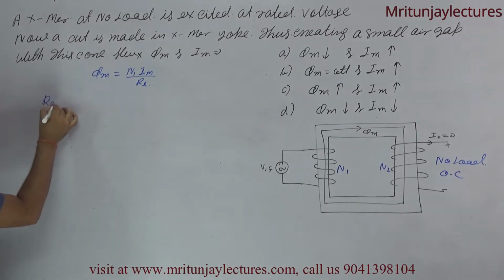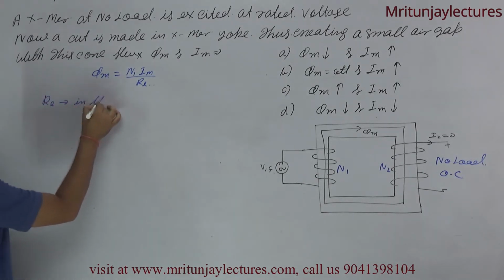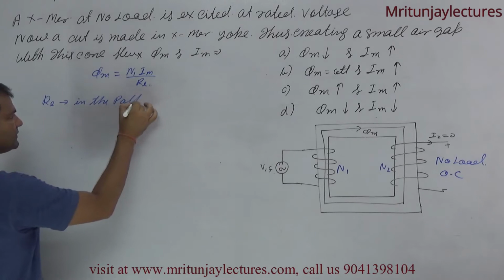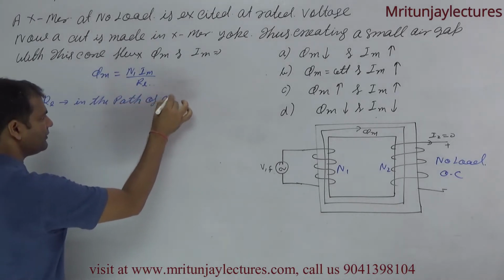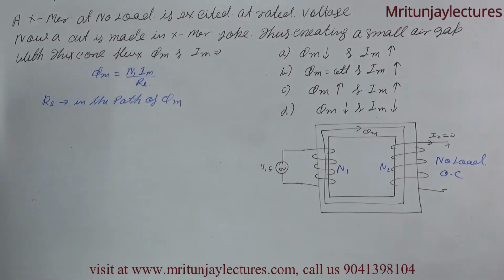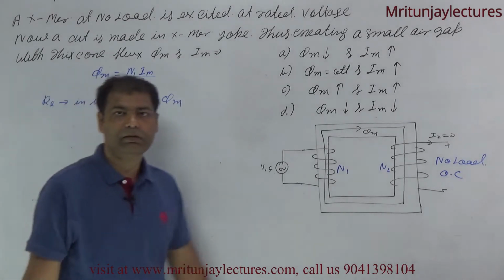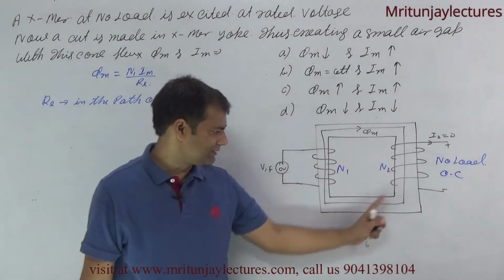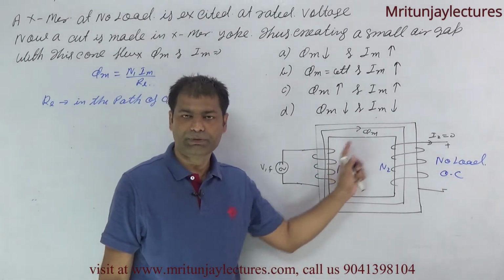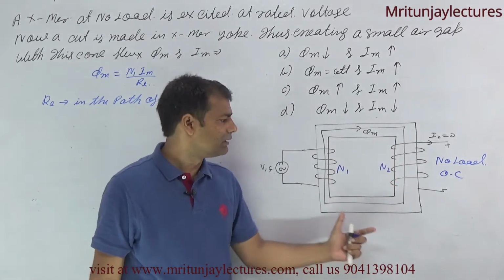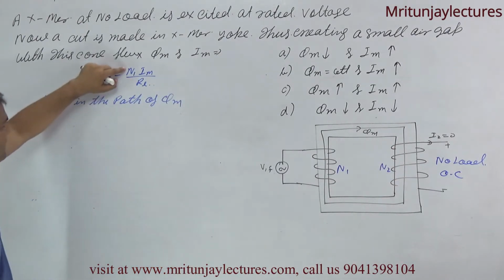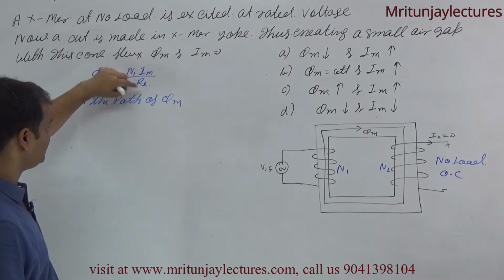What about reluctance? It is the reluctance in the path of phi m. Without a cut in the core, without a cut in the yoke, phi m is N1 Im divided by reluctance.